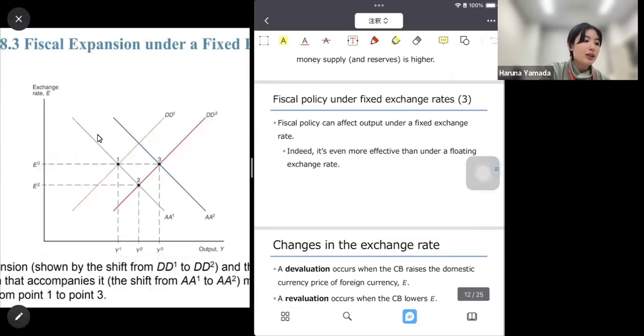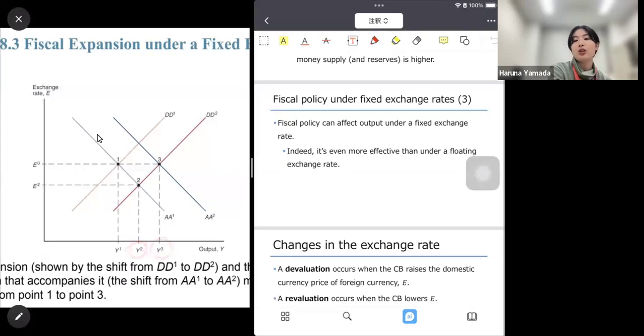As a result, fiscal policy can affect output under a fixed exchange rate. Indeed, it's even more effective than under a floating exchange rate, since under the floating exchange rate, output is at the Y2 level here. Under the fixed exchange rate, output is Y3, which is greater than Y2.